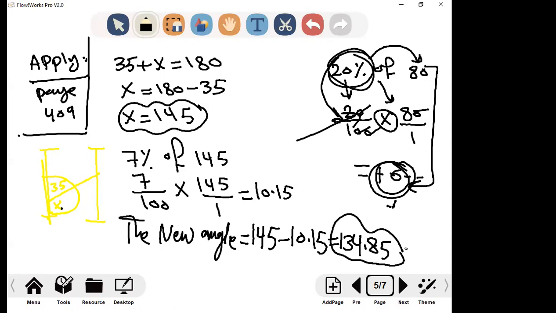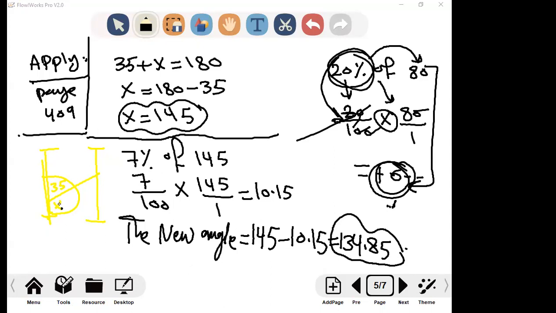Do you understand it? Are you sure? Copy it quickly, please, so the online students can be with us in the check also. Yes, Omar. 134.85 is the value of X, the new diagram.